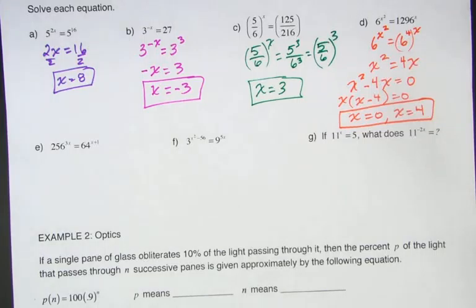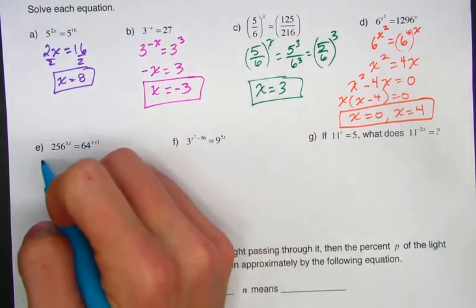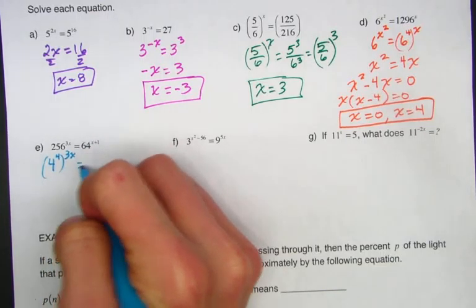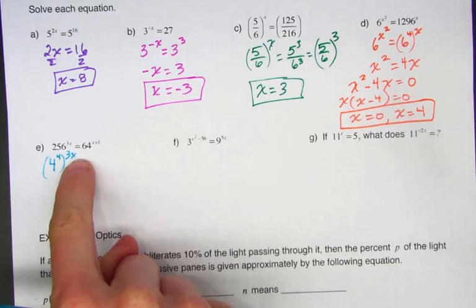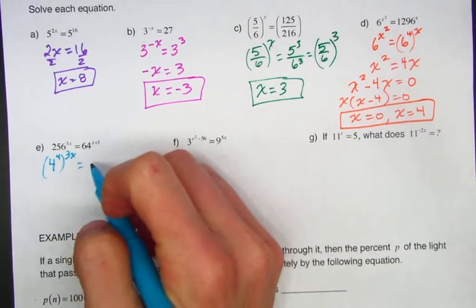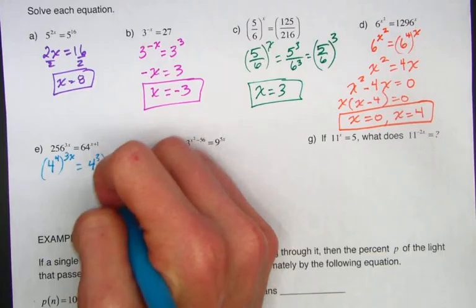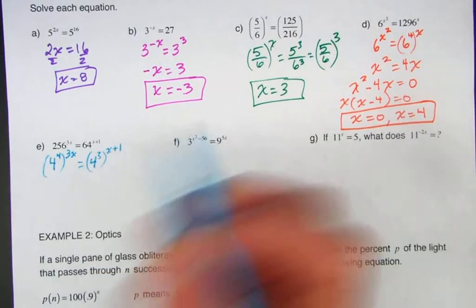So we have then 256 is 4 to the fourth, and that's raised to the 3x. So this is my 256 raised to 3x. 64 is 4 cubed to the x plus 1. Okay.